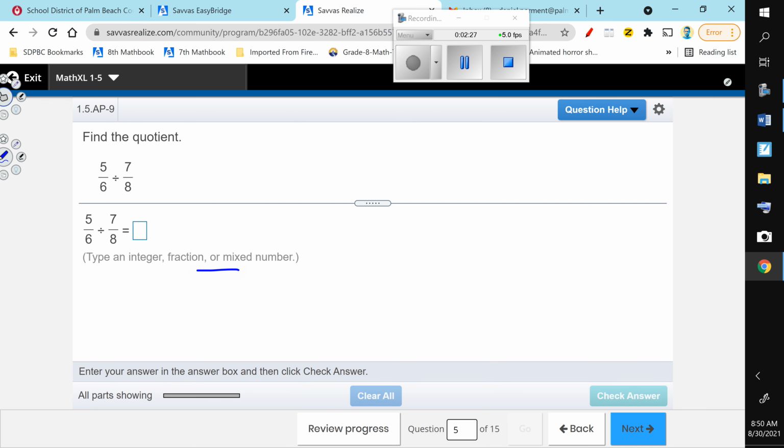This one's not. So I'll show you. It's going to be this: keep, change, flip. Now why am I not writing it twice like I said last week? Well, last week when you have mixed numbers, then you need to write it twice. But these aren't mixed numbers, these are easier.